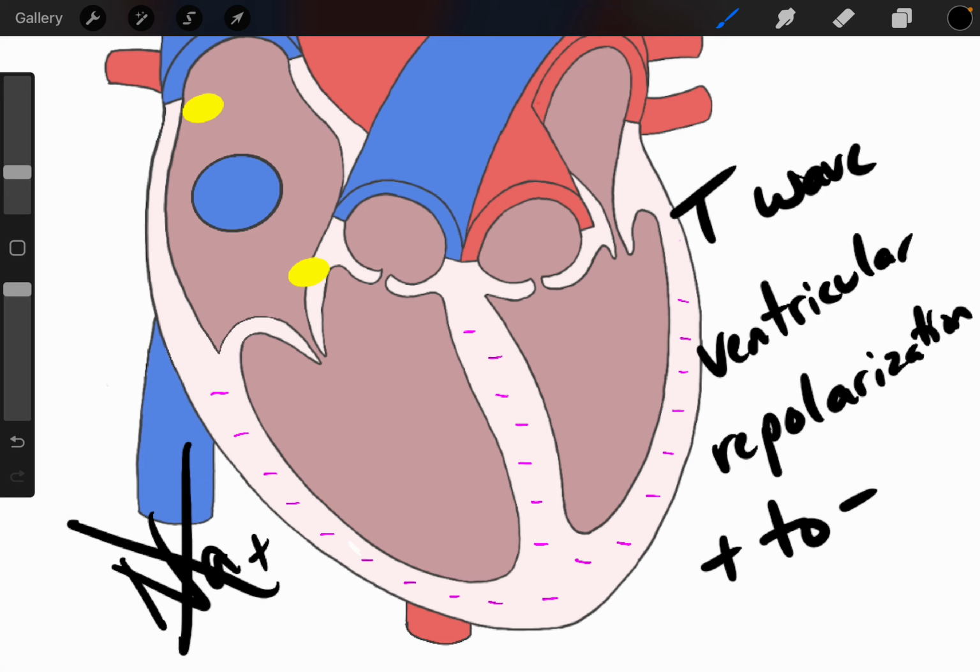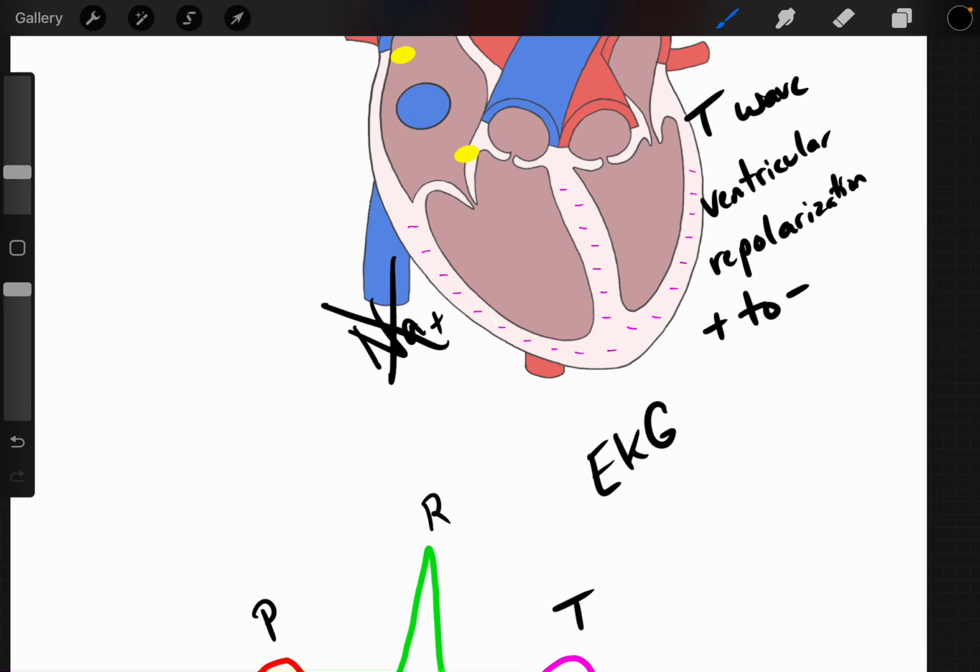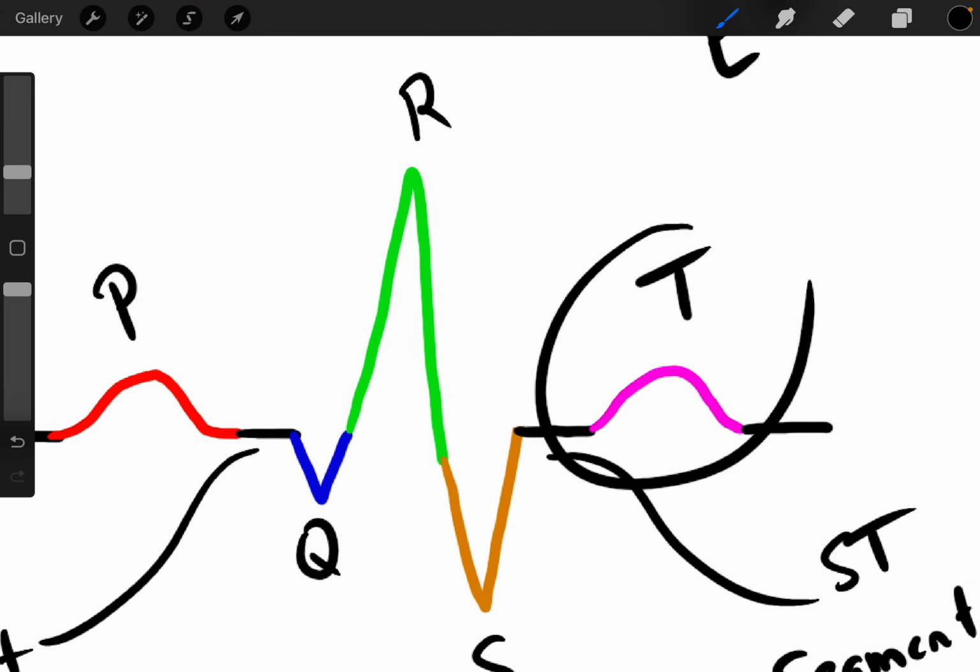So every time there's a contraction, the muscle must repolarize before it can depolarize and contract. The way this looks on the EKG is this T wave. So that is ventricular repolarization, preparing then for that next time that the ventricles must depolarize.